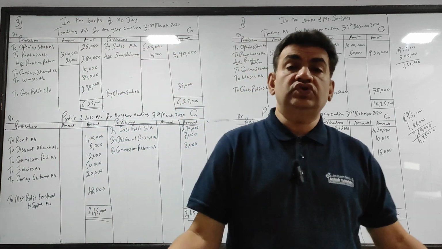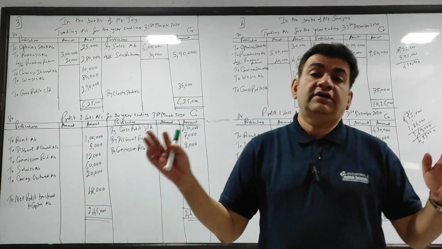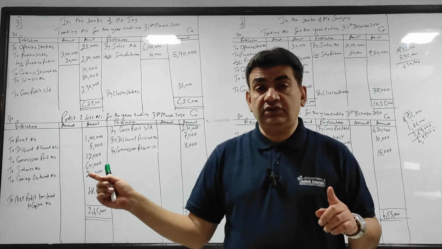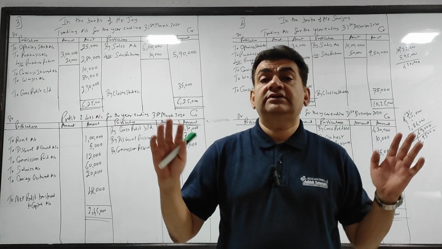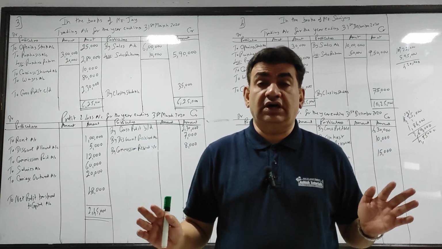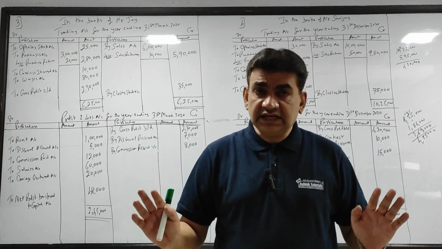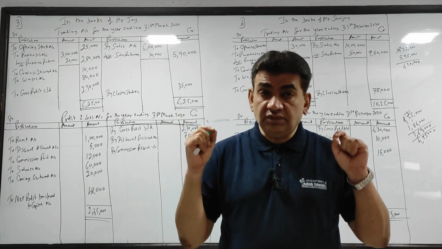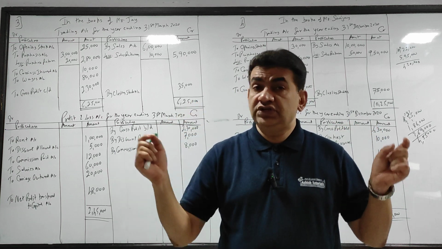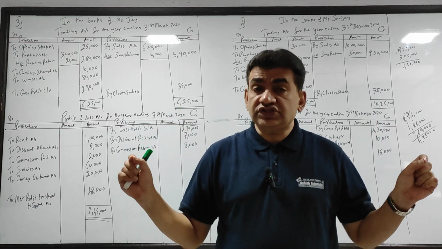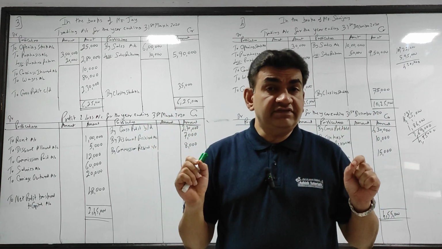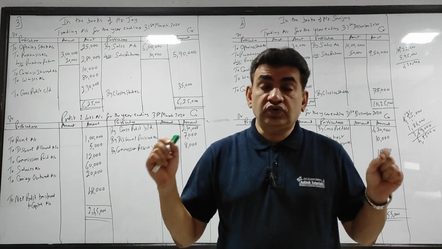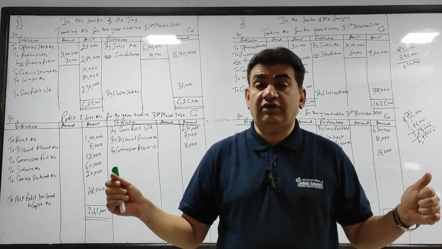Got it, guys? So in this session, we studied a good revision of the previous class for trading account and the new point, preparation of profit and loss account. In this class and the previous class, we studied the first object of making final accounts, to find out the profit or loss. As I mentioned in the previous class, profit is divided into gross profit and net profit.